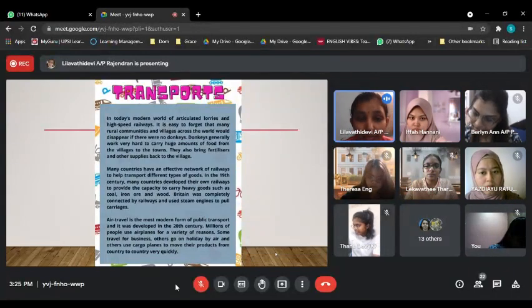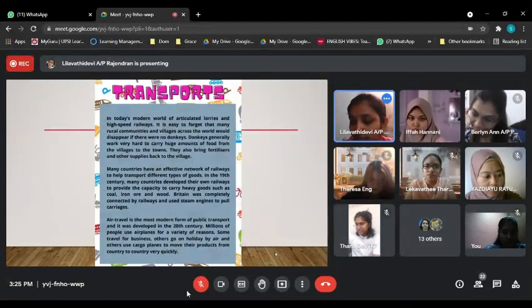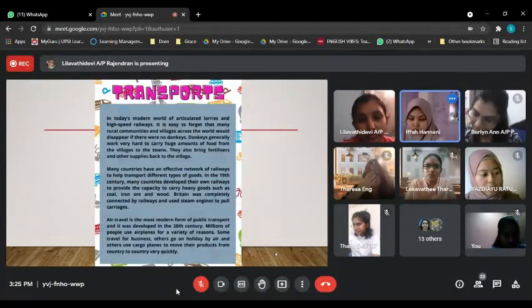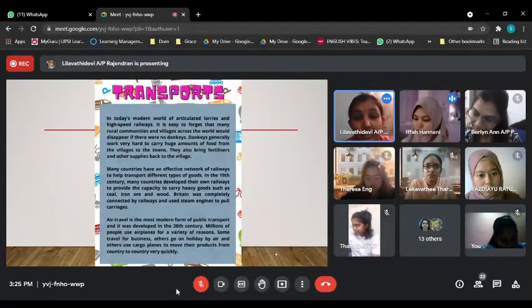Read it carefully. Find the specific details of what donkeys are used for, what railways are used for, and what air travel is used for. You have another 3 minutes.